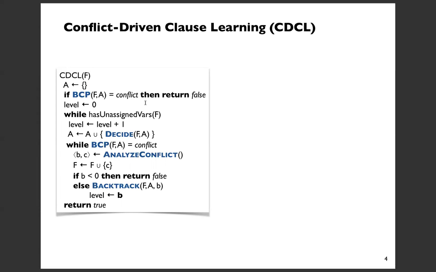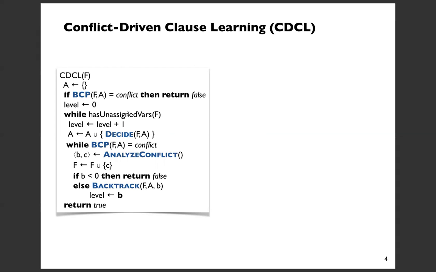Well, there is actually a case for true also here. If everything reduces to true, then you can return true as well. Otherwise, if you still have unresolved clauses, then you will have to start making decisions. So you initialize a level to 0, which gives the decision level that you're at.